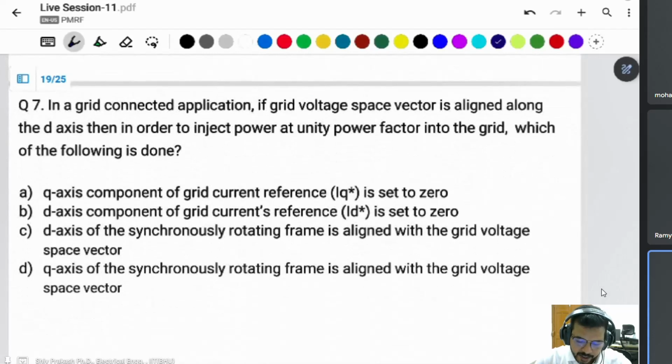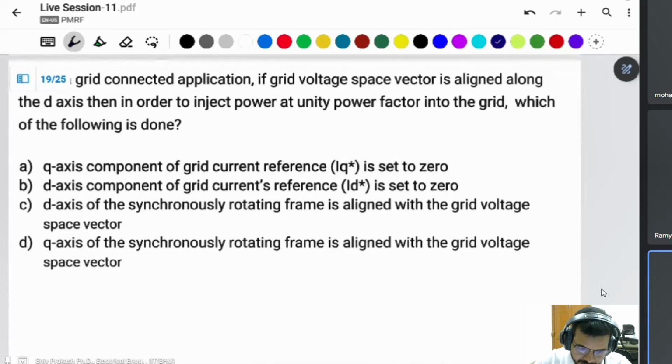In a grid connected application, if the grid voltage space vector is lying along the d axis, then in order to inject the power at unity power factor into the grid, which of the following is done? Same thing as the previous question. A q axis component of a grid current should be 0. If iq is 0, then what does it mean? id and vd are in the same phase, then the power factor will be unity.